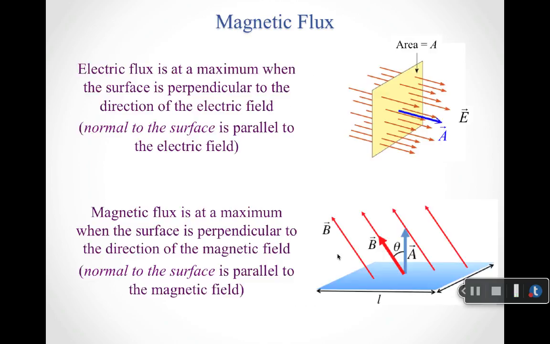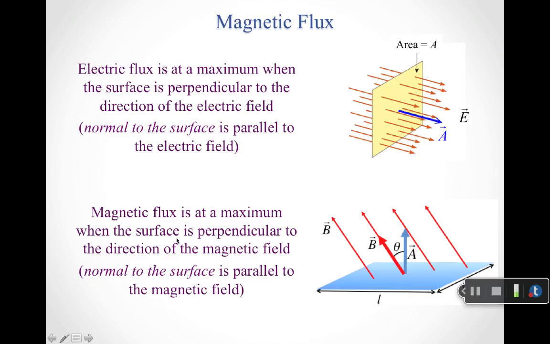Just like we said, that dot product cares about the relative orientation. The electric flux was at a maximum when the surface is perpendicular to the direction of the electric field, which means the normal to the surface, or the area vector, is parallel to the electric field. Same thing is true for the magnetic flux.